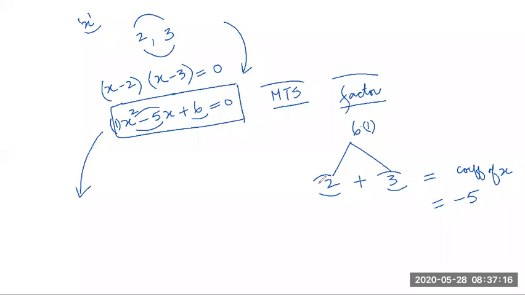So, what will we do? We will write minus 2 and minus 3. Definitely minus 2 plus minus 3 is equal to minus 5. Also, our second condition is satisfied. How? Minus 2 into minus 3 is equal to 6. Very right.